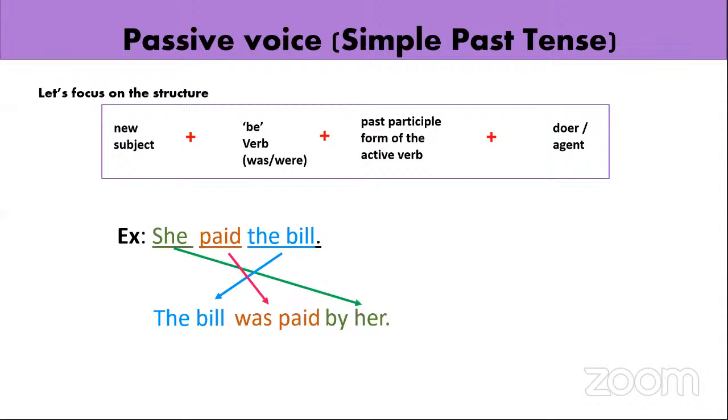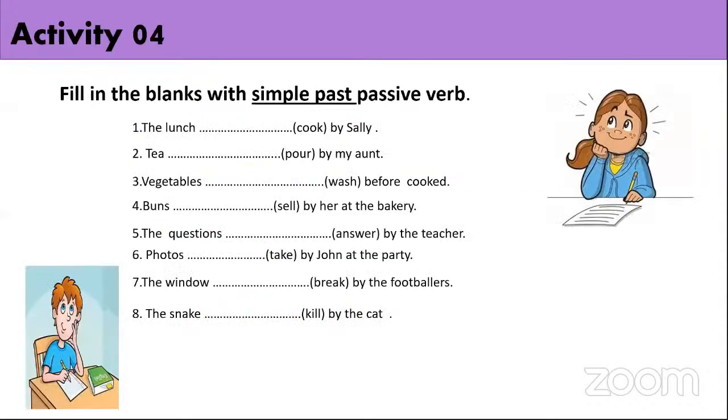I hope. Let's move on to an activity quickly. Okay, I have given you a simple activity. Fill in the blanks with a simple past passive verb. Okay, quickly do it. I'm not going to read them to you. Now you can read them. Quickly do.